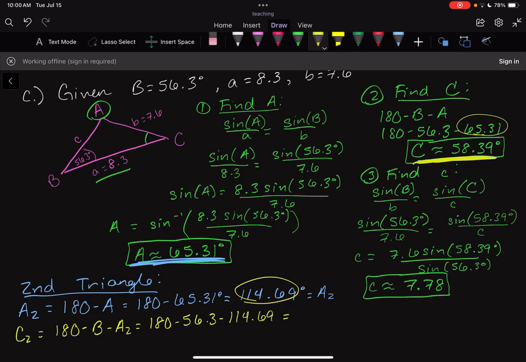And let's see what we get. This gives me 9.01. Since it's positive, that means I do indeed have a second triangle.